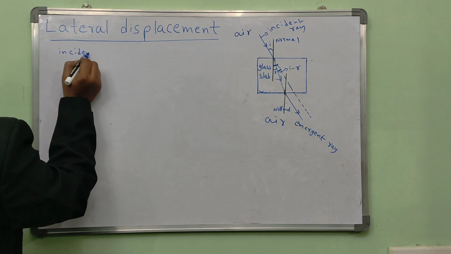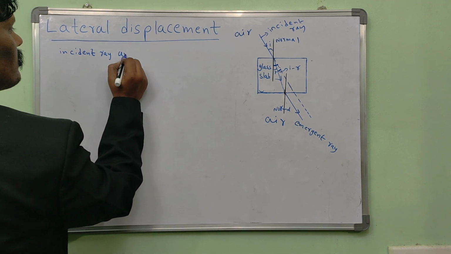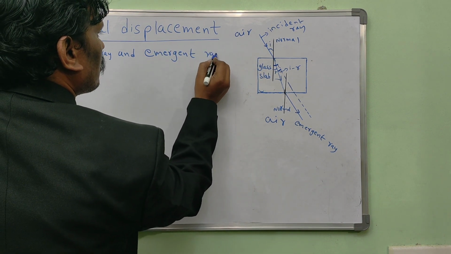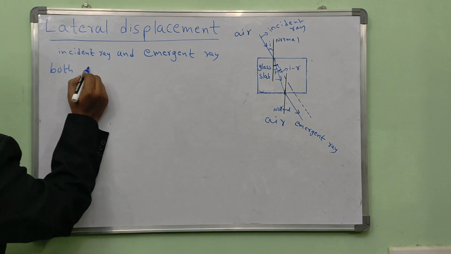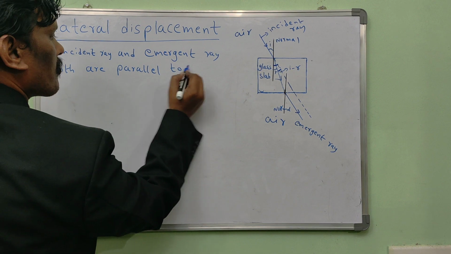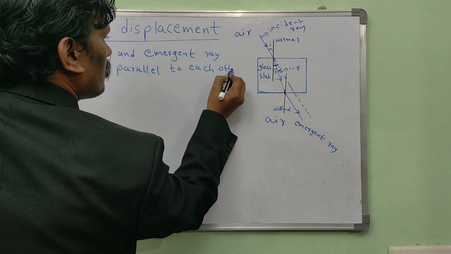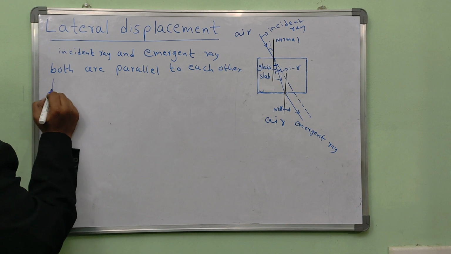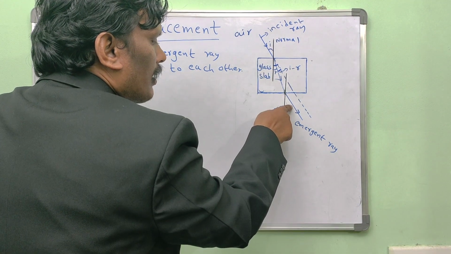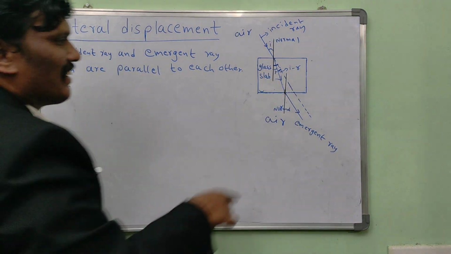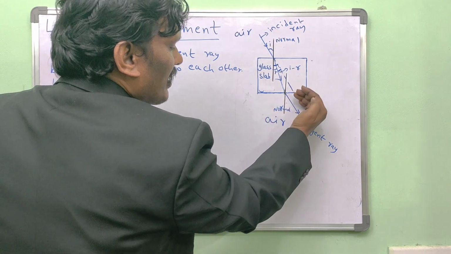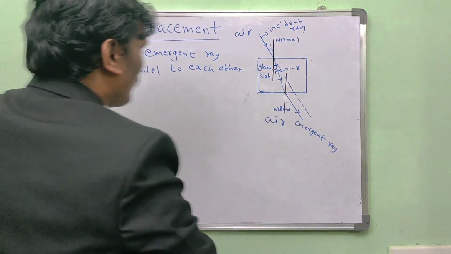But the emergent ray displaces laterally. This is the original path, no? This emergent ray displaces laterally.